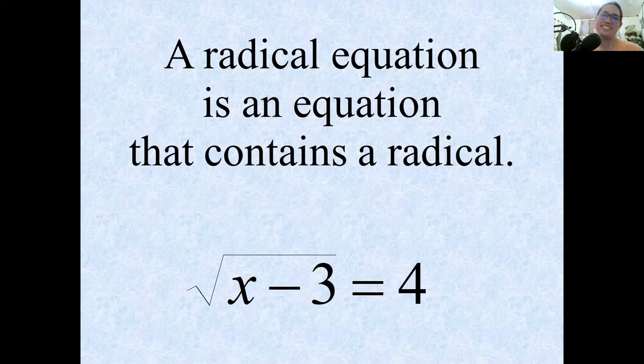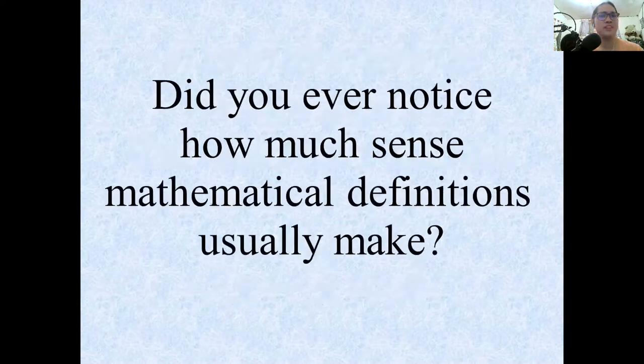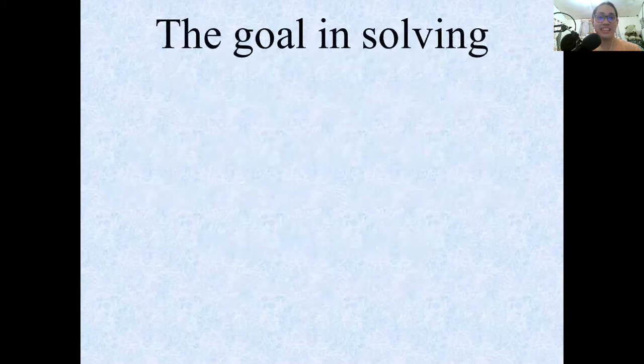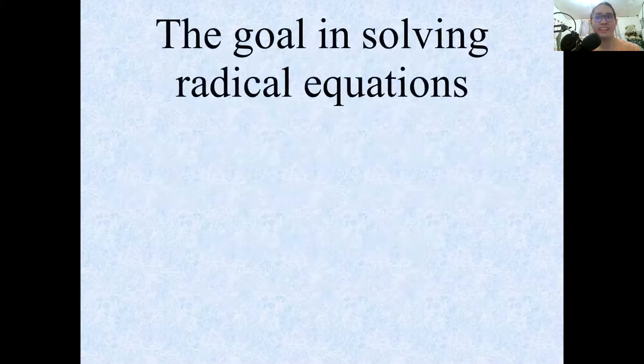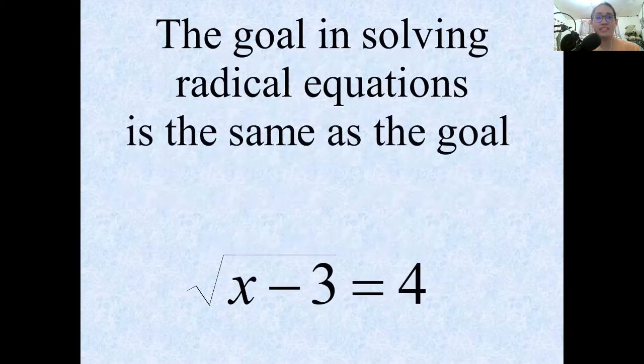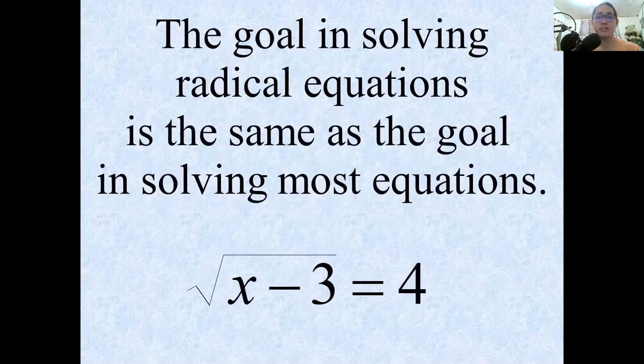Now, did you ever notice how much sense mathematical definitions usually make? The goal in solving radical equations is the same as the goal in solving most equations. Just like the square root of x minus 3 is equal to 4, you are solving for your x.